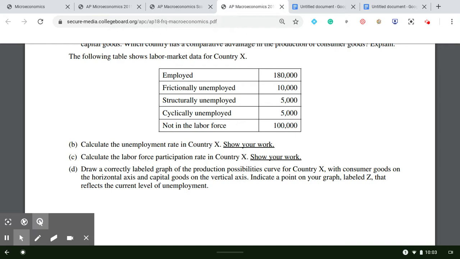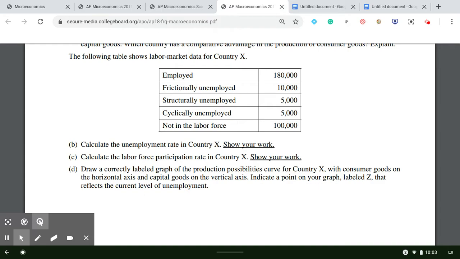Reminder: frictional unemployment is that type of unemployment because people are just moving between jobs or getting laid off, or not necessarily laid off, but getting fired or so forth. So there's always going to be some sort of frictional unemployment, because there's just always a churn of employment.